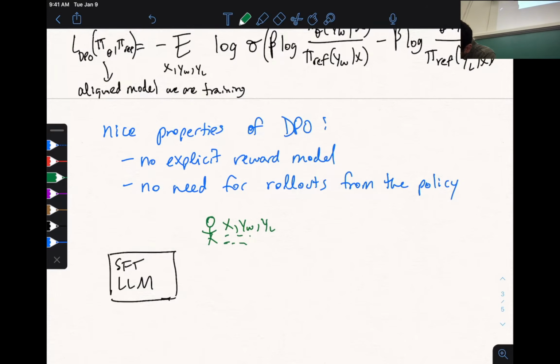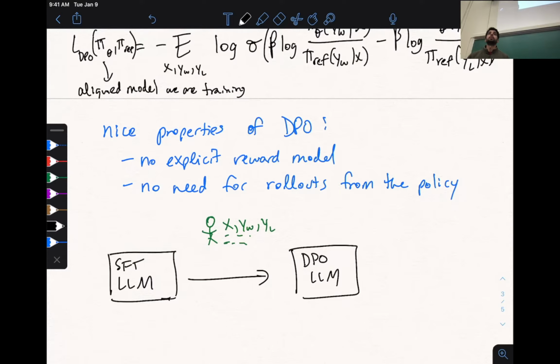So I have some data set here, and there's only 2 boxes here. So I go directly from the SFT model to the aligned model by just fine-tuning with the DPO loss on these preference judgments. So as you can see, it's much, much simpler than the RLHF setup. So maybe I'll write that down too. Fine-tune on preference judgments using DPO loss above.